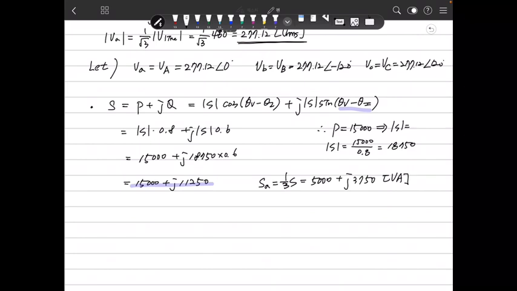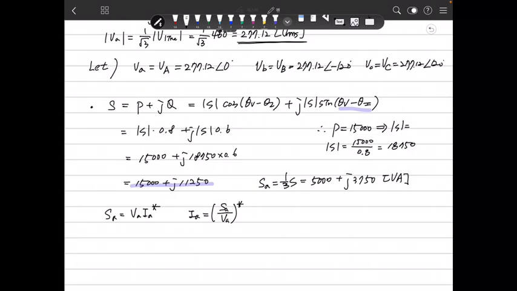From that, we can get the current. I mean, SA is VA IA conjugate here. Therefore, IA is SA divided by VA conjugate. Because this is RMS, we can calculate this equation.